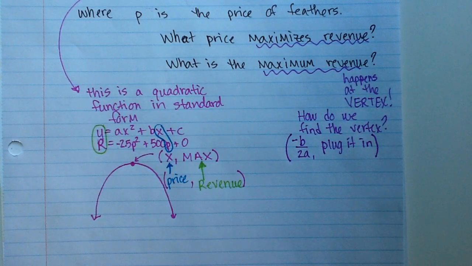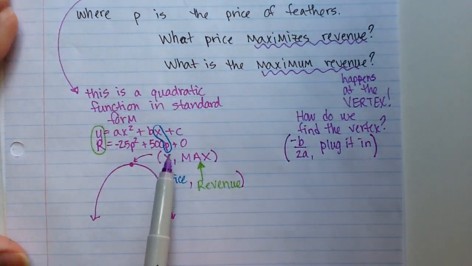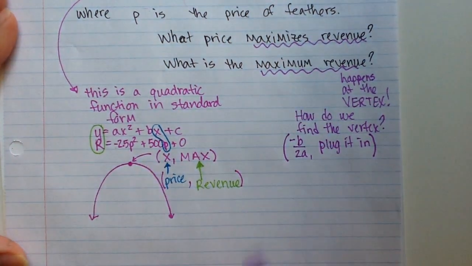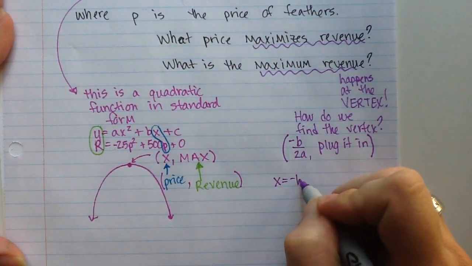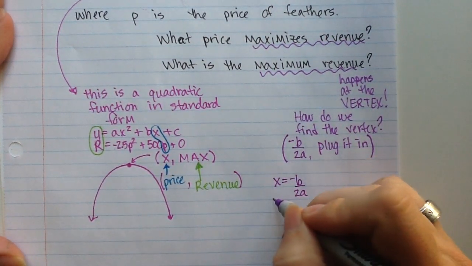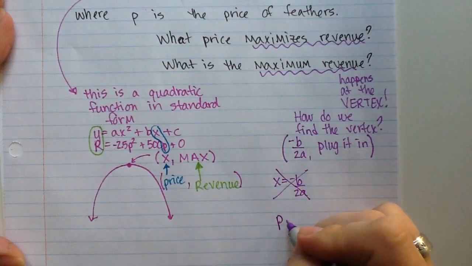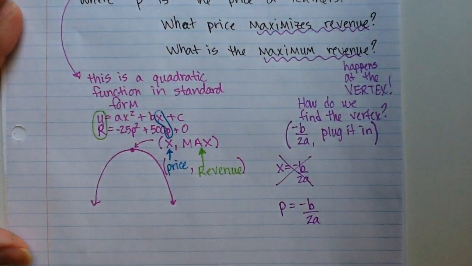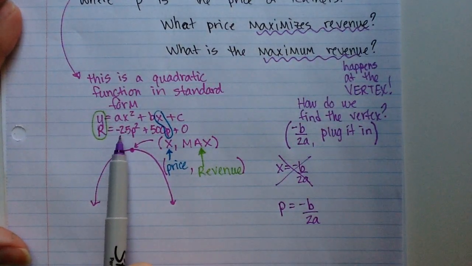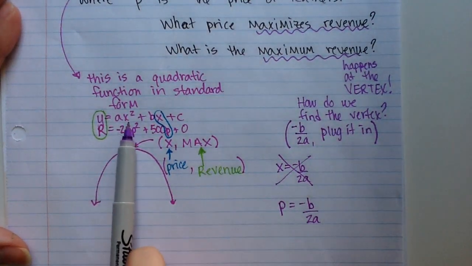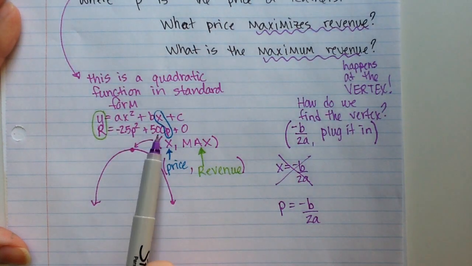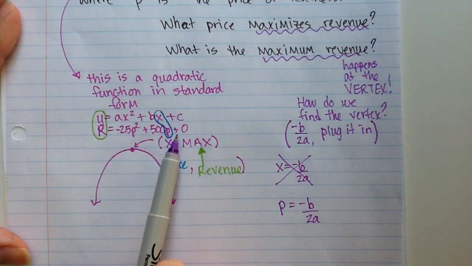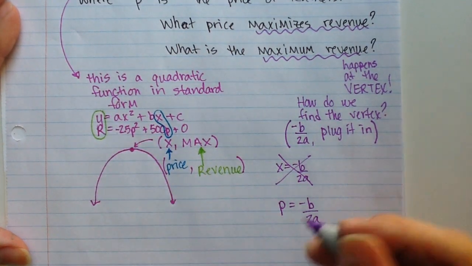Now this time we don't have x actually. What we have instead of x is the letter p. So instead of doing x equals opposite b over 2a, we are going to do p equals opposite b divided by 2a. In our equation, the a number is negative 2.5, the b number is 500, the c number is 0.